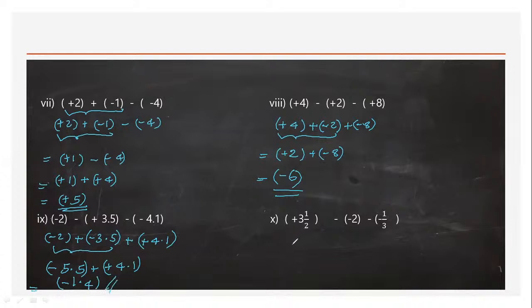This one, 3.5. Instead of minus write positive and write the additive inverse of minus 2, plus 2, and here also plus 1/3. When we add 5 and a half, 5 and a half plus 1/3, then the answer is plus 5 and 5 over 6.